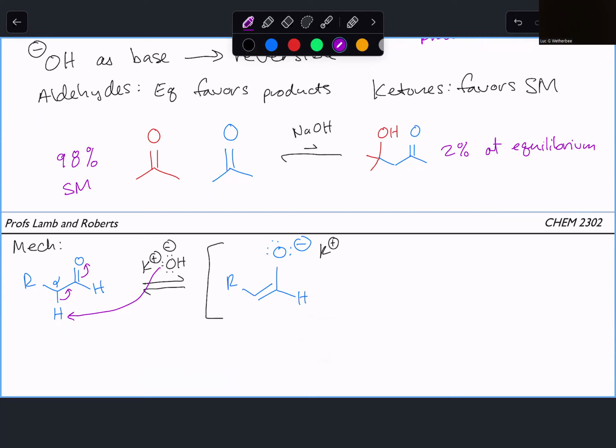But just as a reminder, we do have another resonance structure where you could also draw that negative charge in the alpha position. But we're going to use the one on the left as our nucleophile because that's normally how we draw it. But this just shows you why that alpha position is the most nucleophilic position.